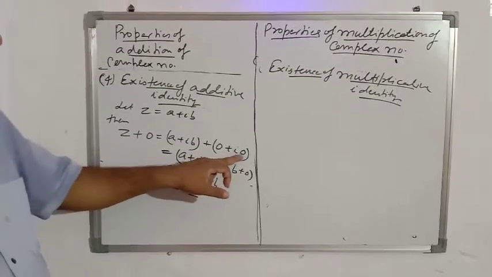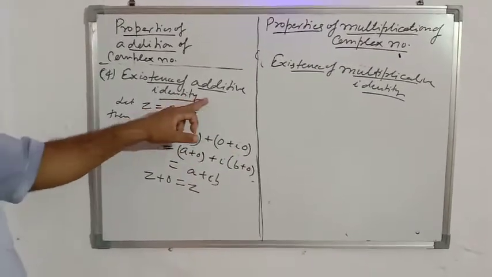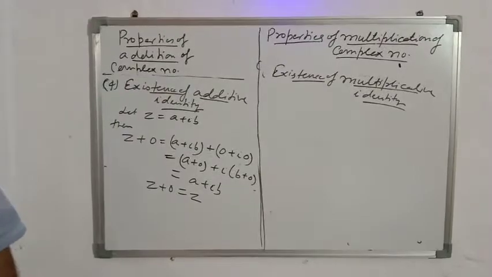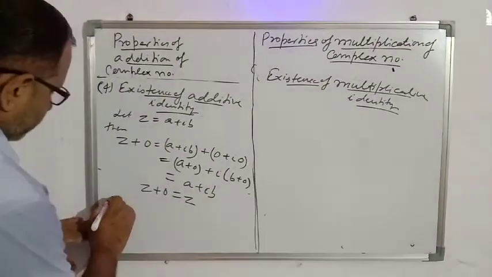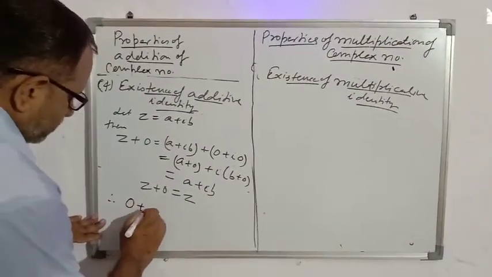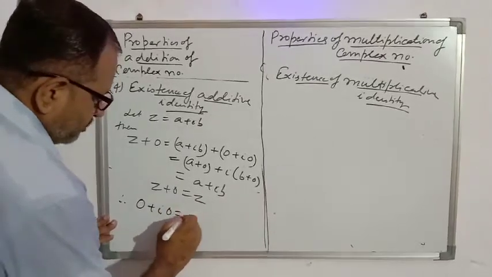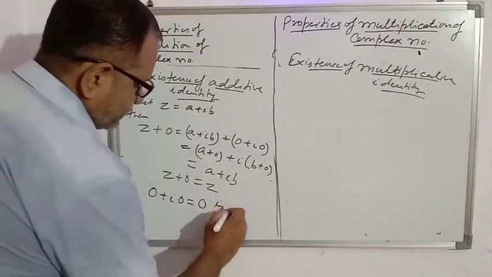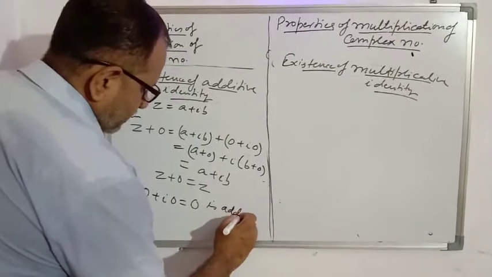It means 0 plus I0, which is 0, is called additive identity in the set of complex numbers.